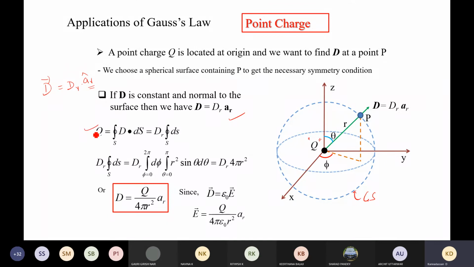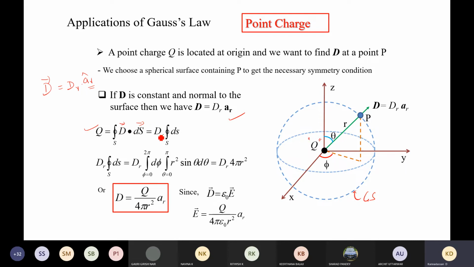Then by using the Gauss divergence theorem, we can easily say that the total charge Q is nothing but the integration of all the d vector with respect to the Gaussian surface, the small surface which is considered. When we take the dot product, this d is always going to be constant in all directions.